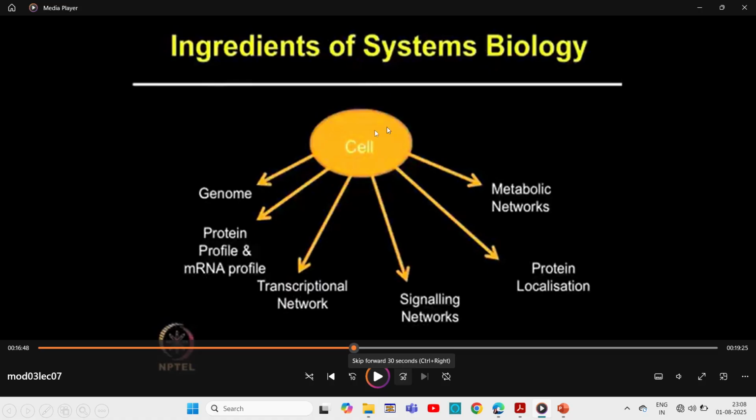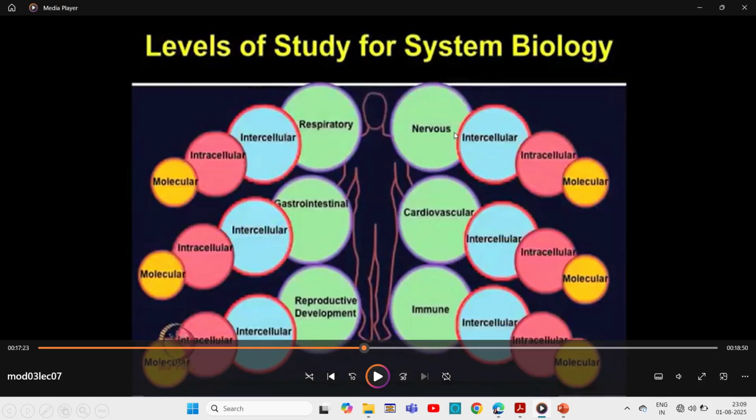And it's a little difficult. Studying one specific character is also difficult, but that is comparatively easier, what we are dealing with currently in terms of proteomics. But doing a system biological approach is a task, but people try to understand those characters in an integrated fashion. That's nothing but system biology.